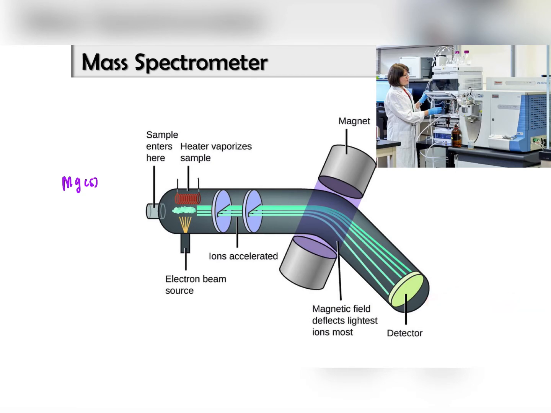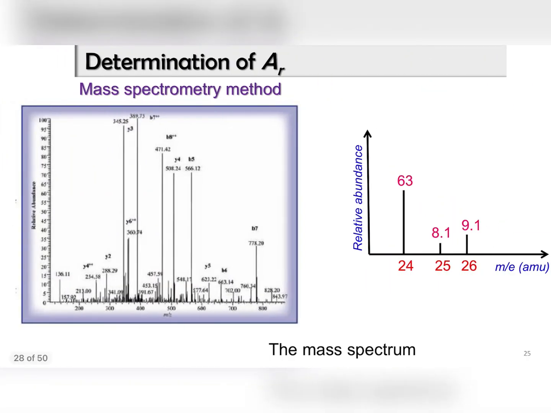So how does the spectrum look like? It looks like this. Here is how the mass spectrum looks like. It is a bit messy, but it will tell you useful information. Later we will see what information we can get from this mass spec.